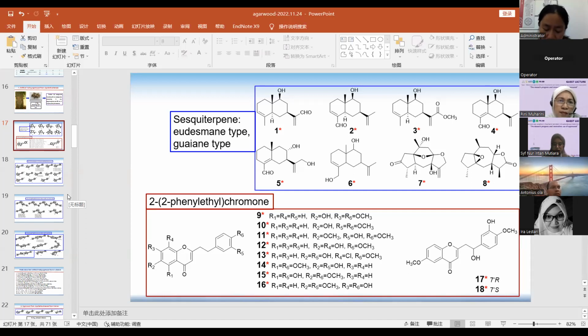So when you get the agarwood from different times, for example, 3 to 4 years or 10 years, some compounds in the agarwood are different. So when we extract the essential oil, we also can get some different compounds.